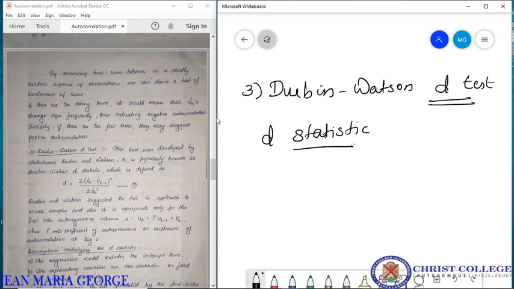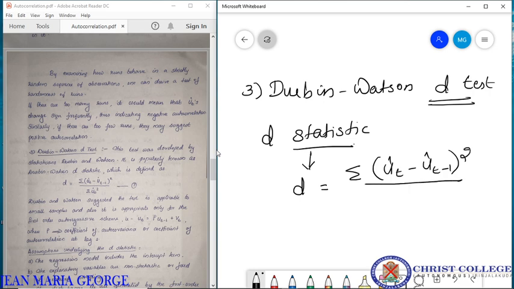So this d-statistic is defined as d equals sigma (u hat t minus u hat t minus 1) the whole square, divided by sigma u hat t square.